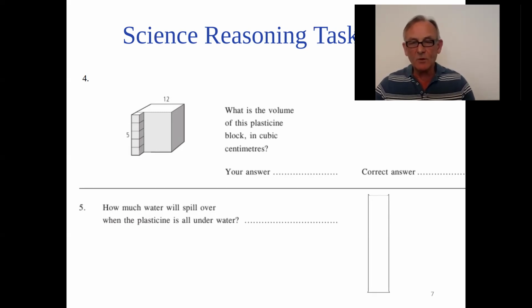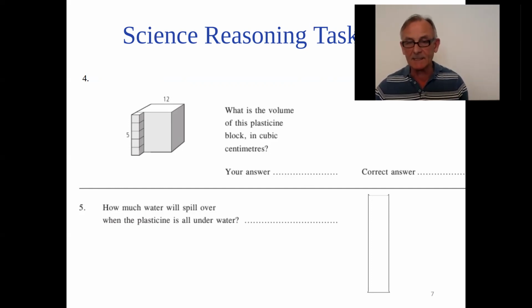It moves on through various parts. I'm not showing you them all, but the question here is: we have this block, they know it is 60 centimeters cubed. What will happen when you put it into this graduated cylinder that's a liter high, absolutely filled to the brim? How much water will spill over?